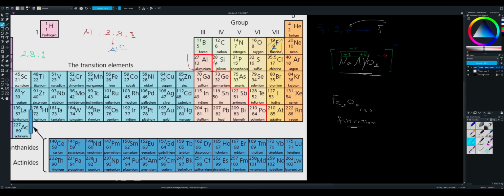Then we removed the iron oxide with filtration. We gave the sodium aluminate further chemical treatment with carbon dioxide in order to get aluminum oxide, Al2O3, which is also called alumina.